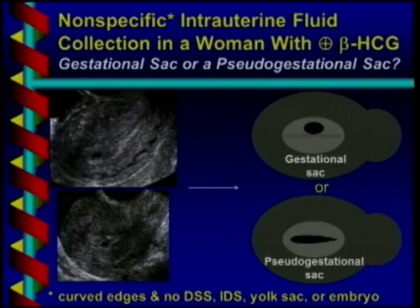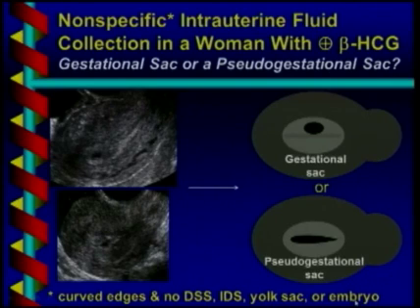So when you see a nonspecific intrauterine fluid collection in a woman with a positive beta-hCG, a positive pregnancy test, and by a nonspecific intrauterine fluid collection, I mean one that is oval-shaped with curved edges, there's no double sac sign, no intradecidual sign, no yolk sac, no embryo.